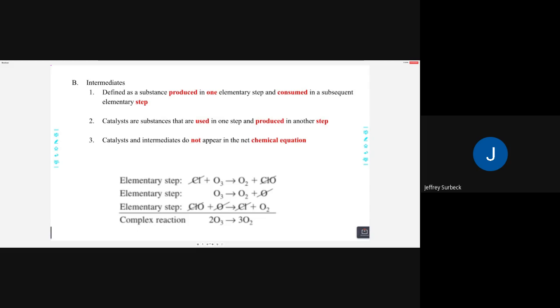Chlorine, Cl, we start with it. Then in step 3, we produce it. Because we start with it in one reaction and later produce it, that is known as a catalyst. ClO, on the other hand, is produced in one step, then used in a later step. That is known as an intermediate. Questions?